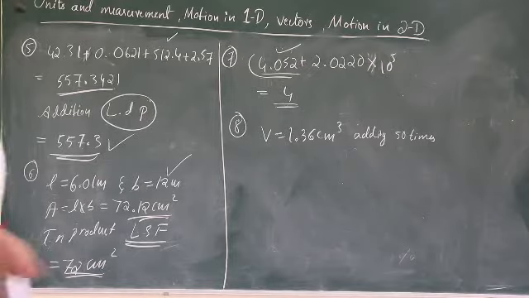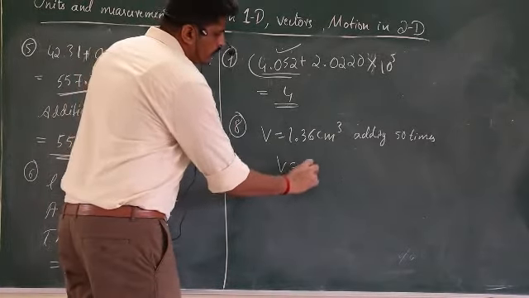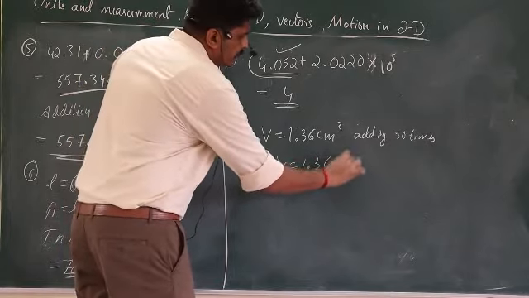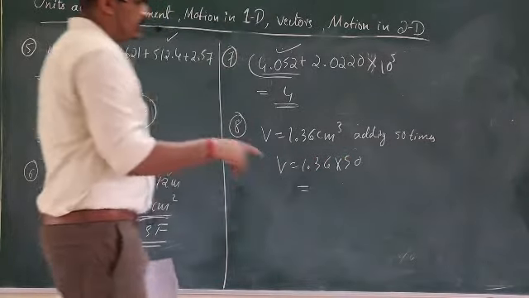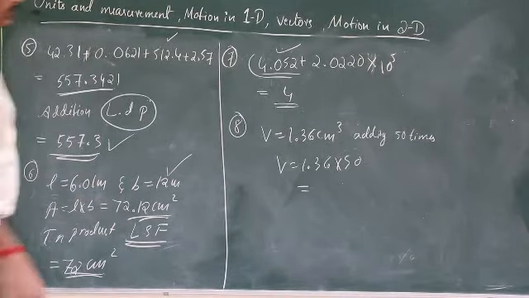Once you multiply, you get V equal to 1.36 into 50. The answer is somewhere around 68.00 centimeter cube.